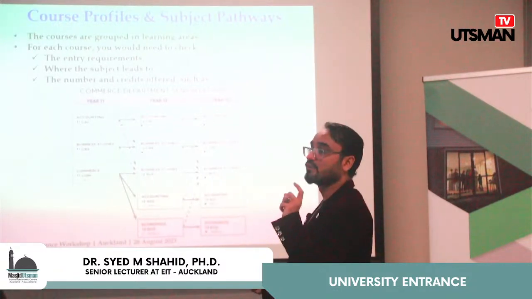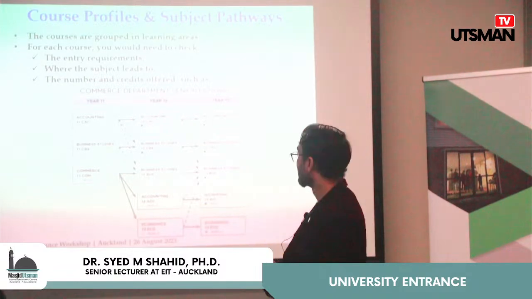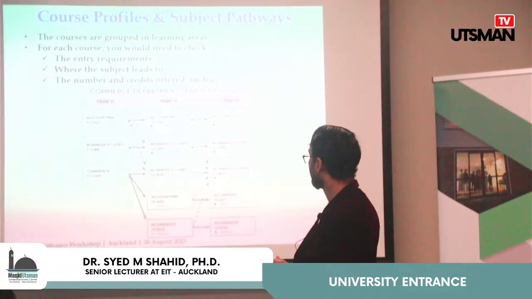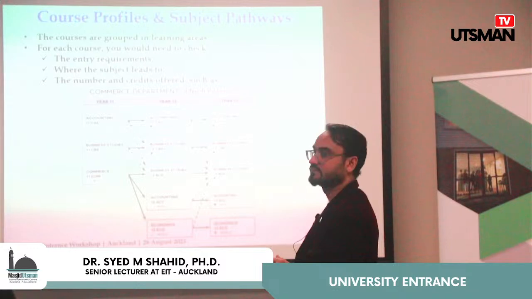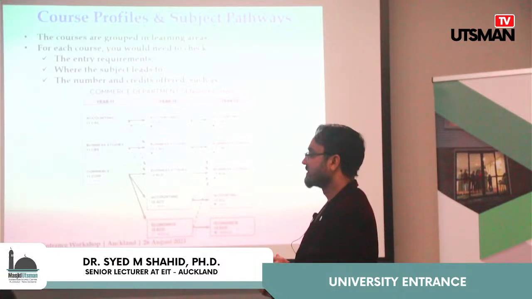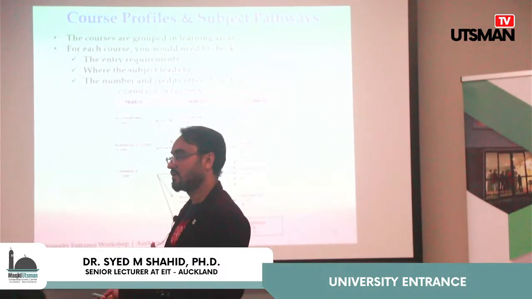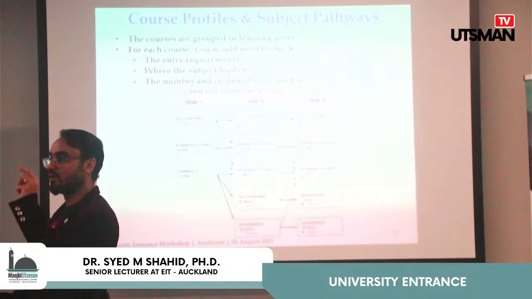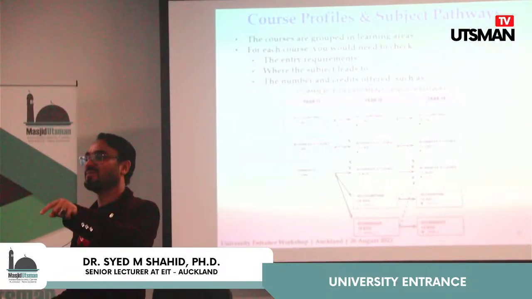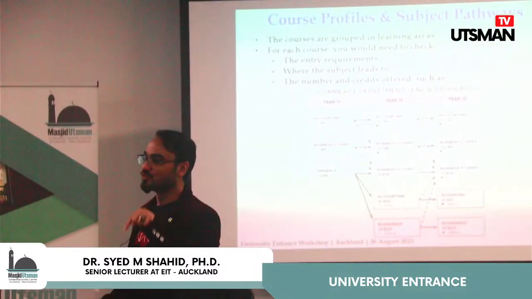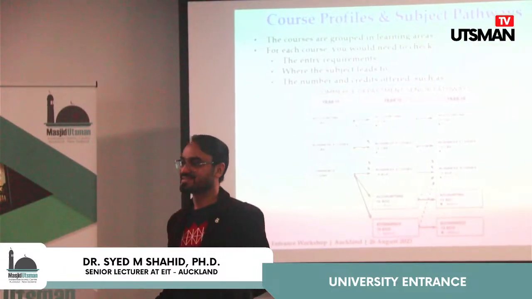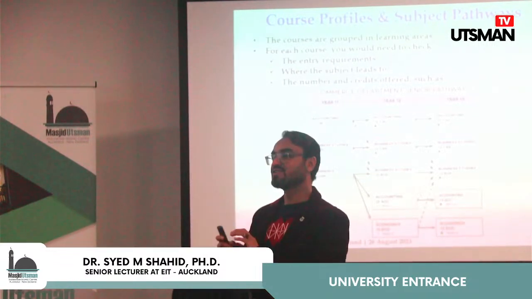So very carefully you need to select subjects in year 11. What do you want to do in year 12? There are pathways. And from where do you get this information? From your son or your daughter's school. Yes. Every school has different pathways.